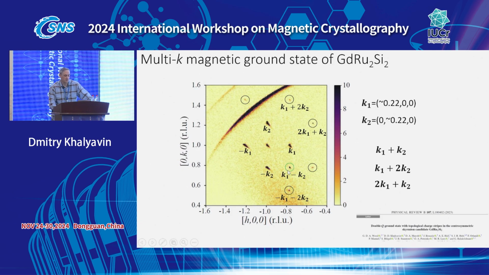That tells us that, yes, this is probably a 2K structure. And if you optimize the condition again, you can see higher order satellites: 2K1 plus K2, K1 plus 2K2, and so on.